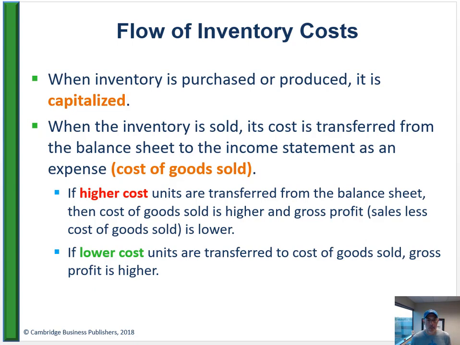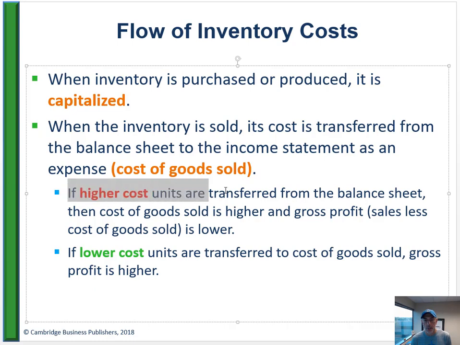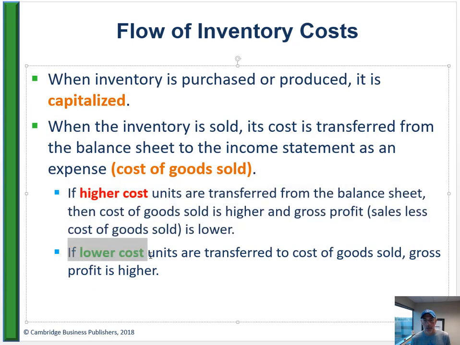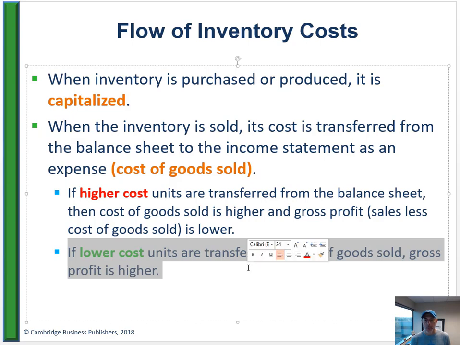Our authors note that when we look at inventory, if higher cost units are transferred from the balance sheet, then the cost of goods sold is going to be higher and gross profit is going to be lower. If lower cost units are transferred to cost of goods sold, gross profit is going to be higher and cost of goods sold is going to be lower.